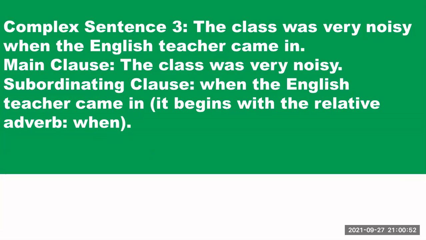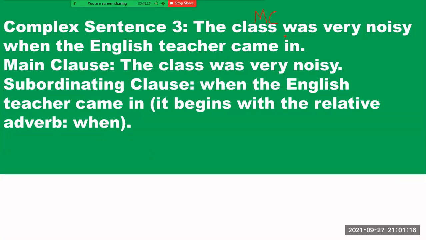The class was very noisy. Now, this is the main clause, all right? Always remember that the main clause can be identified by one main feature, that it can stand on its own.